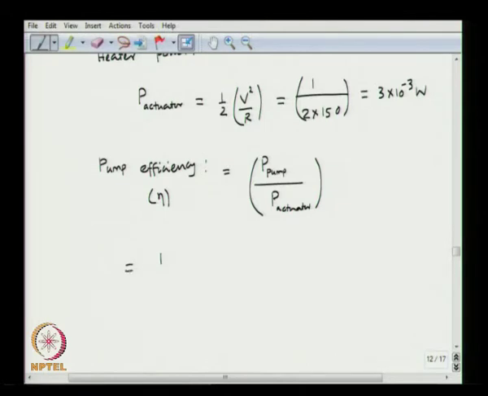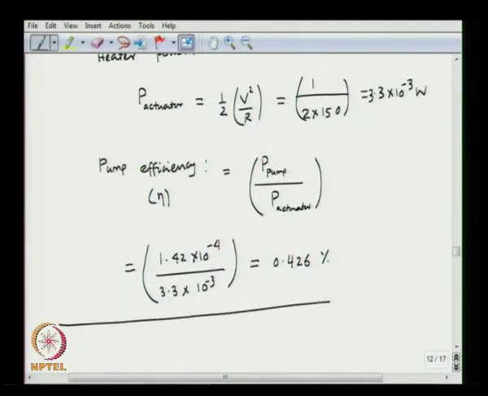That is 1.42 into 10 to the power minus 4 divided by 3.3 into 10 to the power minus 3. So, that is going to be about 0.426%. So, the efficiency is about 0.426%.